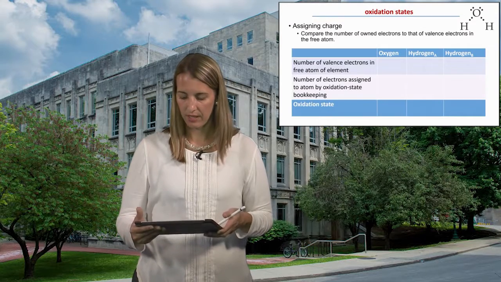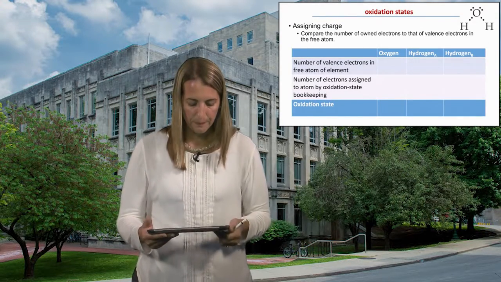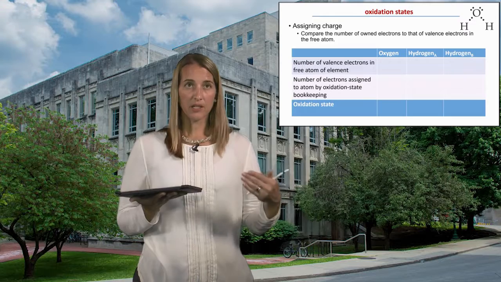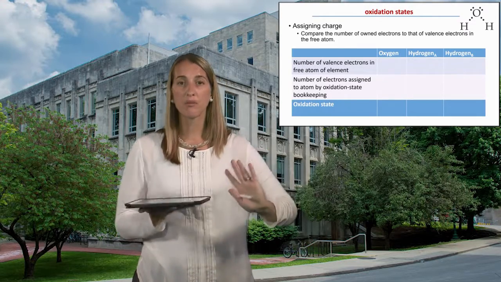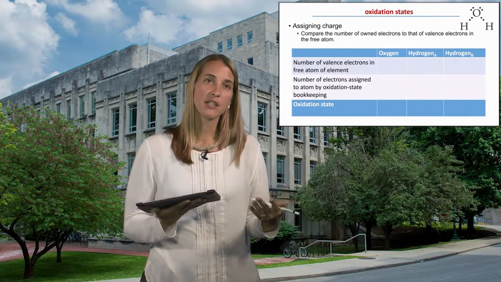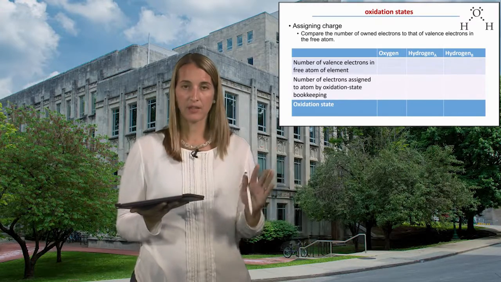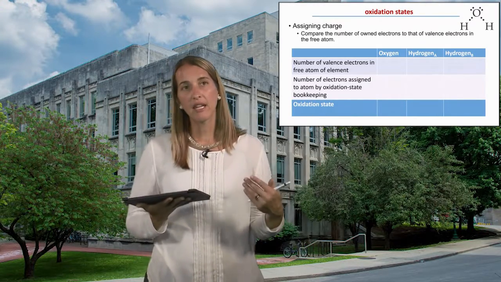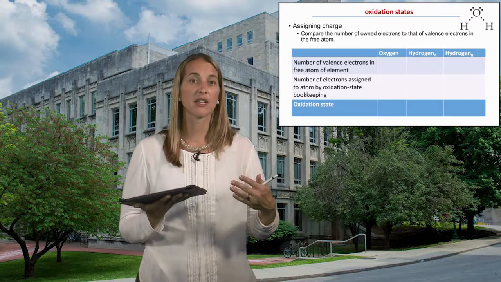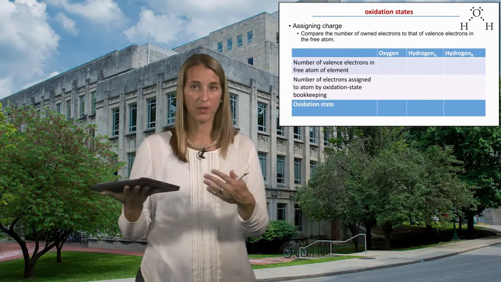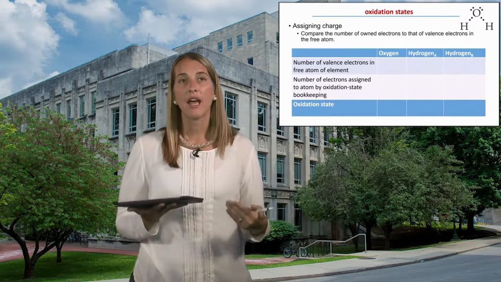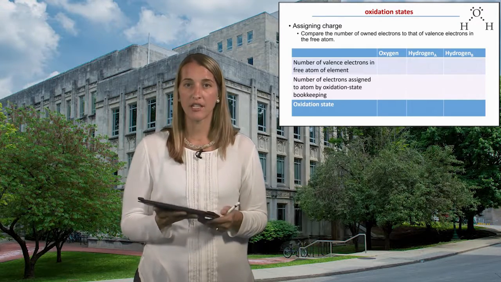Let's look, I think I have the next slide working this through. In order to actually find the oxidation state, you have to do a comparison. How many valence electrons it came in with as the free element by itself, and then you subtract the number that we have just counted going through those rules. When you subtract those, that would be your oxidation state.